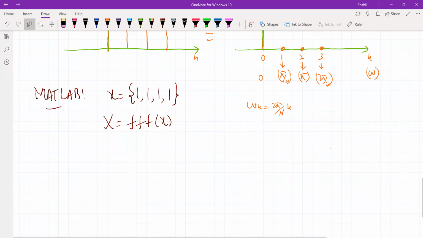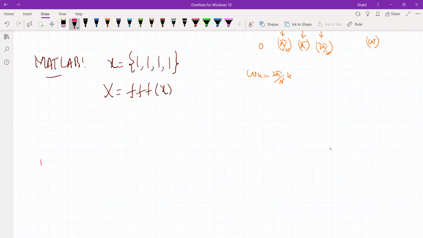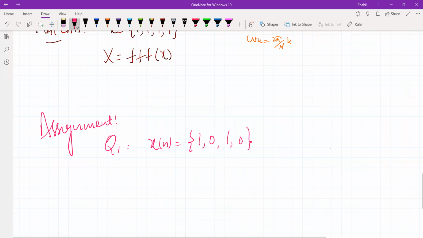Now here is an assignment for you. Please solve it yourself. Question 1: when x of n is 1, 0, 1, 0, compute the 4-point DFT of this sequence.